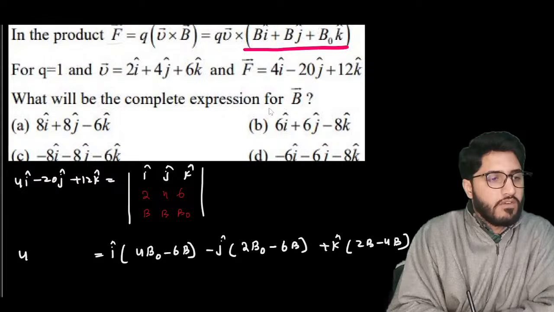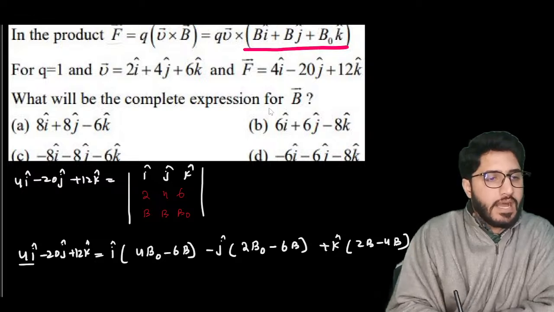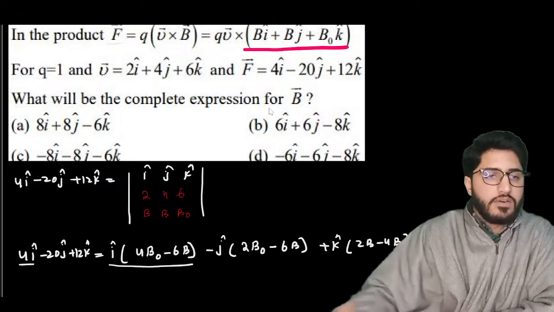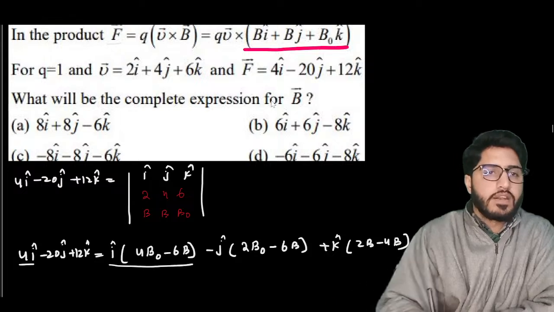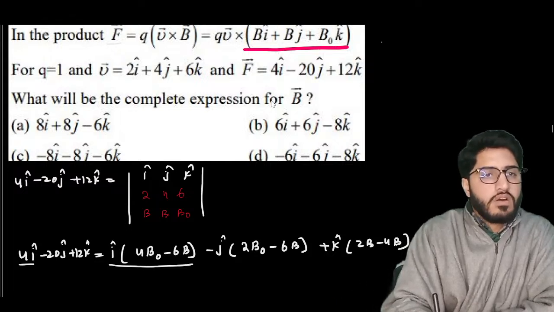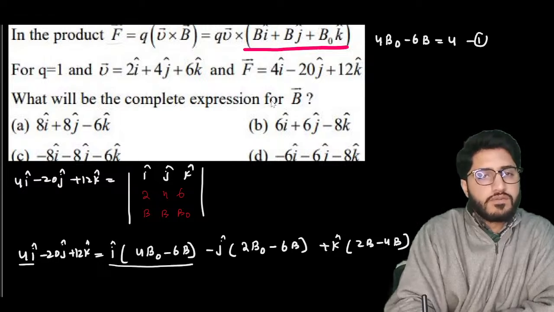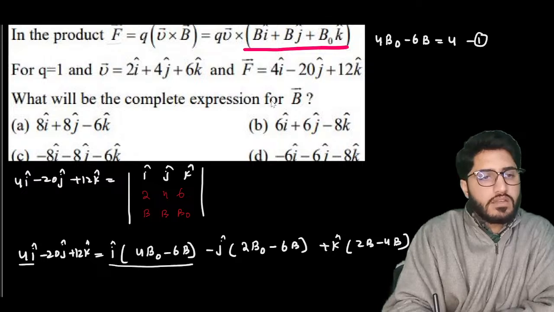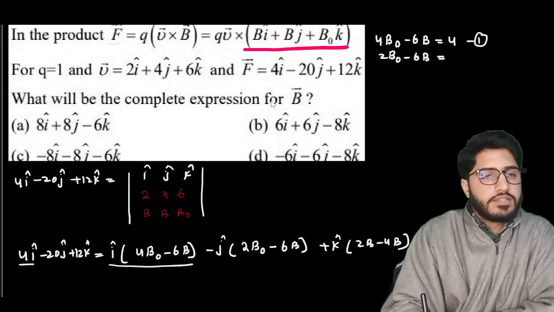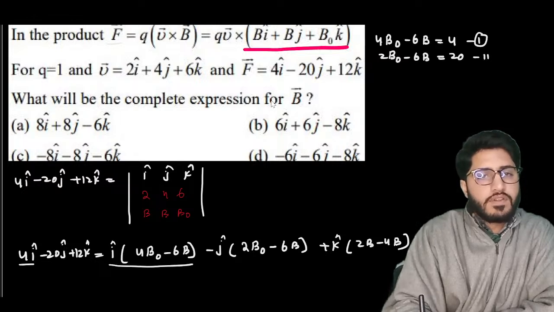Okay, so here we have 4I cap minus 20J cap plus 12K cap. So from the I cap part, I can write 4B naught minus 6B equals 4, first equation. Second one, I can write 2B naught minus 6B equals 20, second equation.